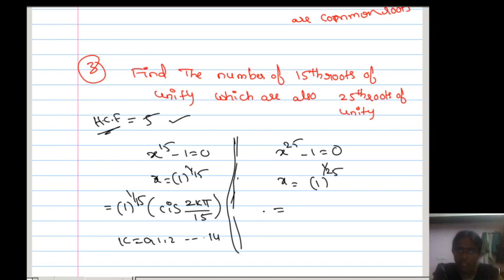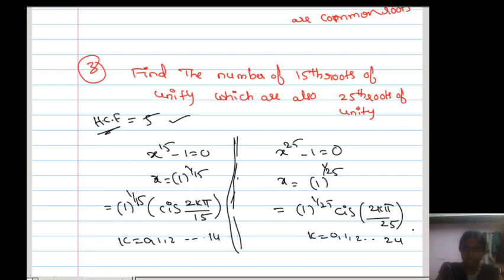For the other, x = 1^(1/25) = cis(2kπ/25), where k is 0, 1, 2 up to 24. These are the 15th roots of unity, and these are the 25th roots of unity.